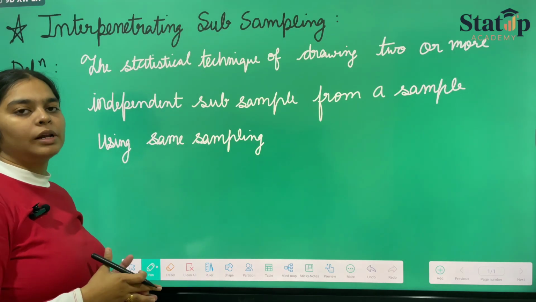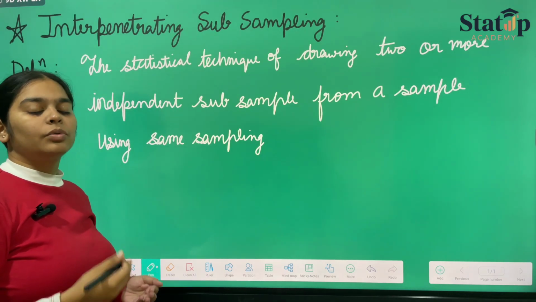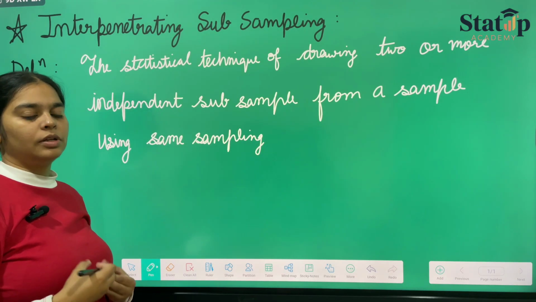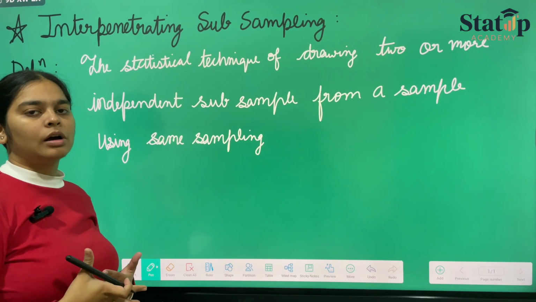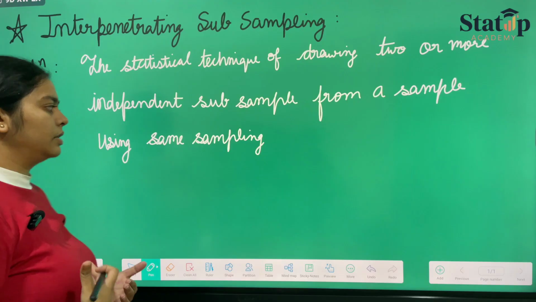If we have used simple random sample without replacement to take out the sample from the population, then we'll use simple random sample without replacement to take out the subsamples from the sample.